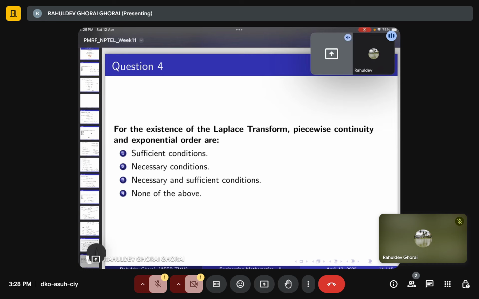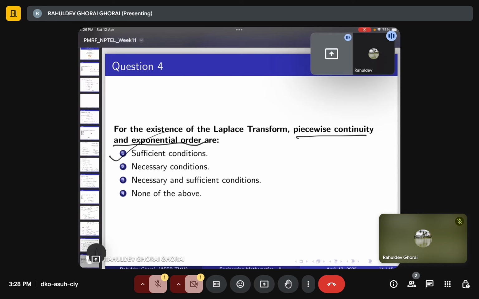These two conditions are sufficient, not necessary, for the existence of Laplace transformation.